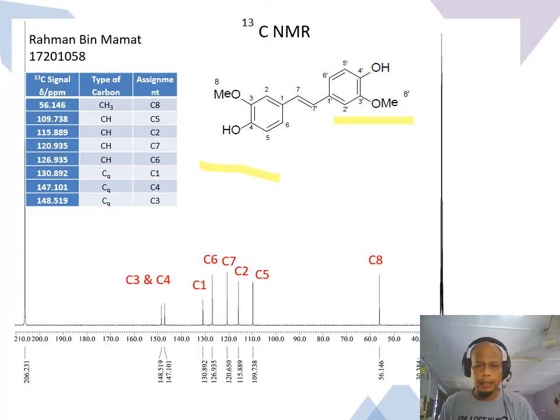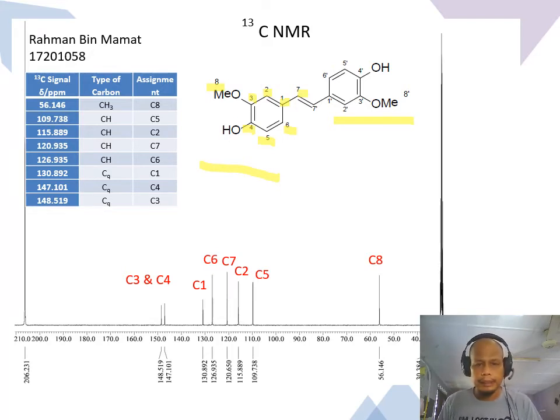As you can see, I can label it carbon 1 here, carbon 2, carbon 3, 4, 5, 6, 7, and 8. 8 signals of carbon-13 NMR.